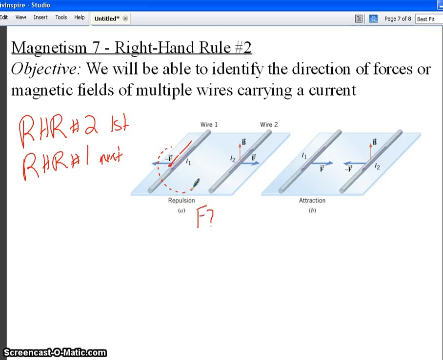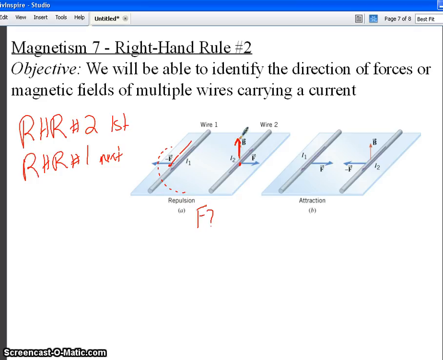My fingers would come into contact with this plane right here, and they would be facing upward. So my fingers would curl around this, and when they come into contact with this wire or this plane, they would be facing up. So that means the magnetic field here, as you can see, is pointing up.